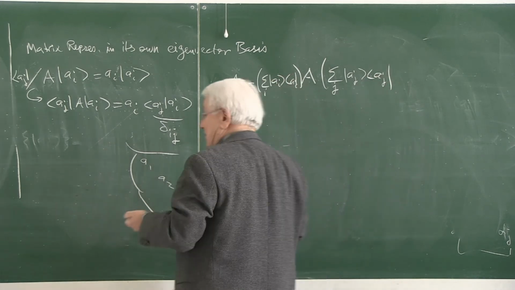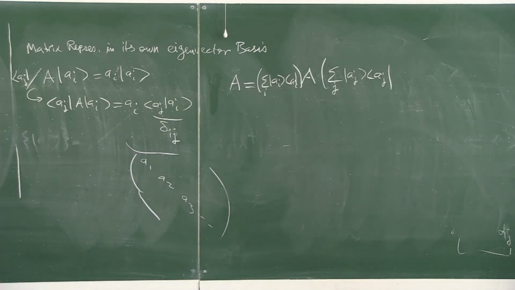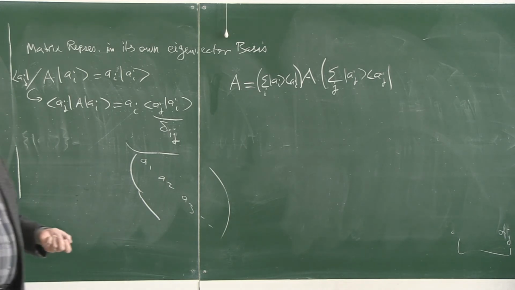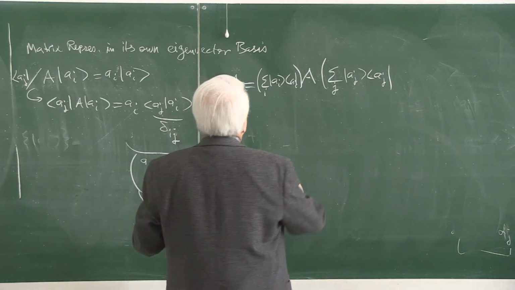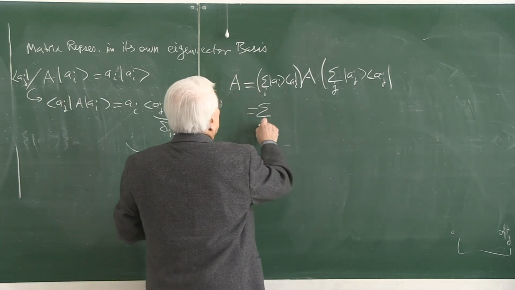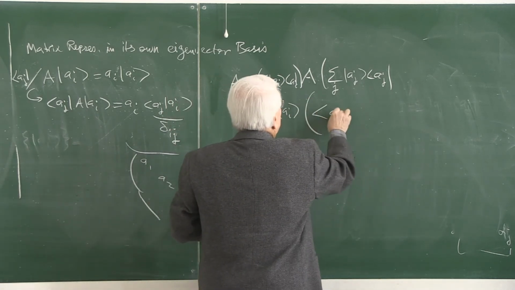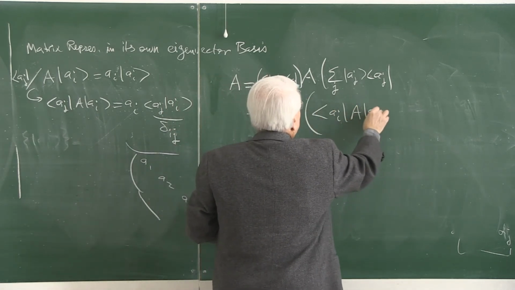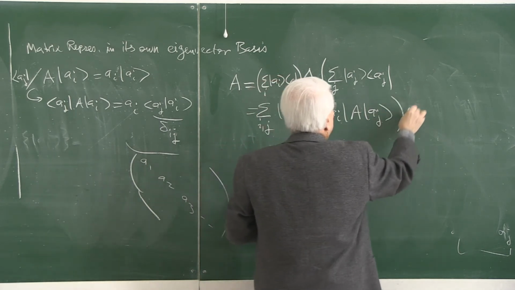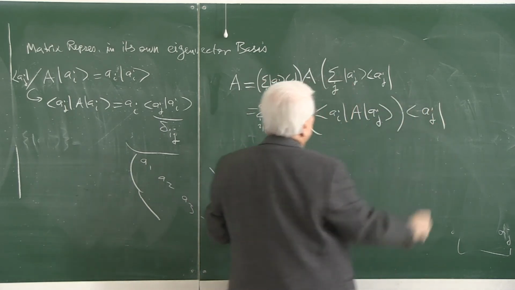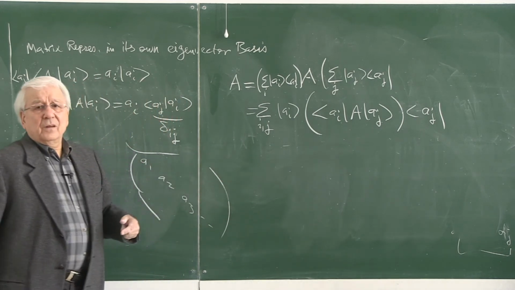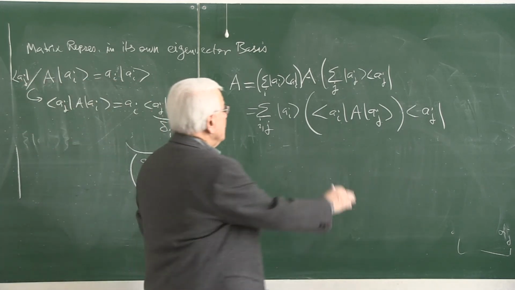By now I'm sure you have gotten used to this insertion of identity using this beautiful trick of the completeness relation. It's so operational. So what you have then is the sum over I and J, |A_I><A_I|A|A_J><A_J|, right? Nothing new, we have seen this before.